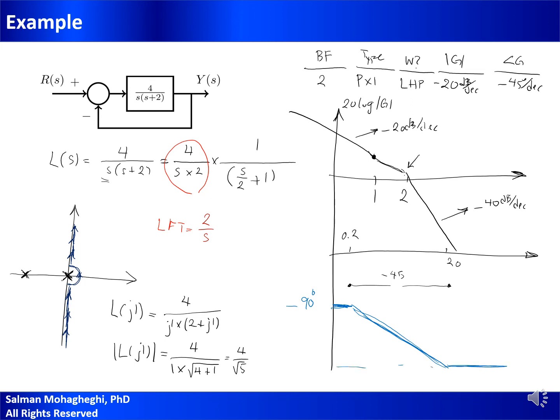Of course, from 0.2 to 20, that's 2 decades, so minus 45 per decade. For 2 decades, that's going to be minus 90, so the ending point is going to be minus 180 degrees. So what I've done so far is I have developed my Bode plots just like before, as if I haven't done anything about this particular pole that was at the origin.